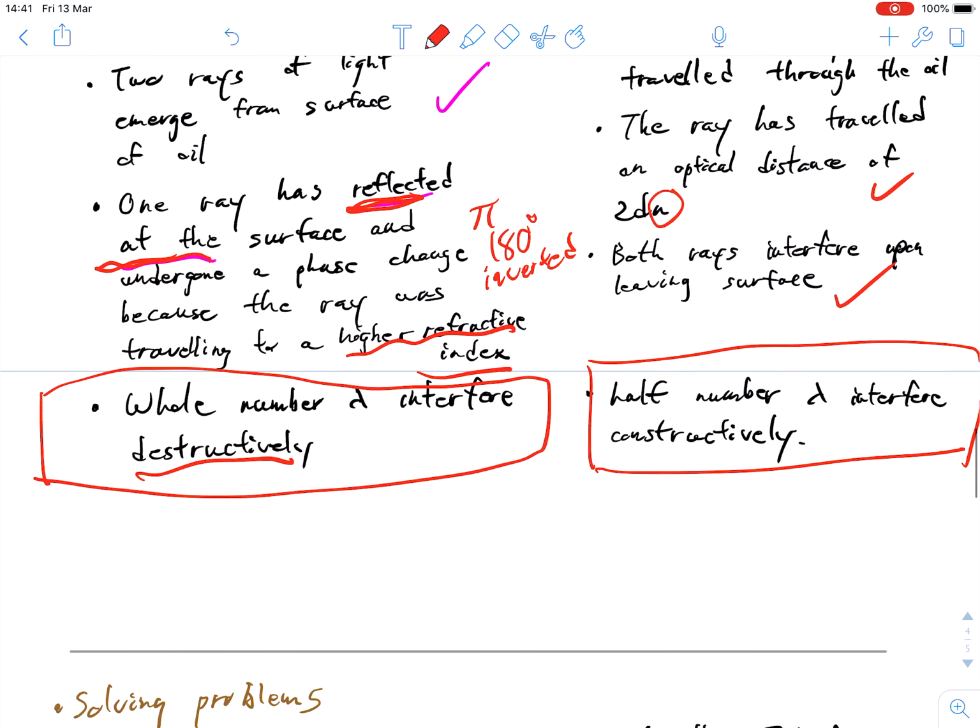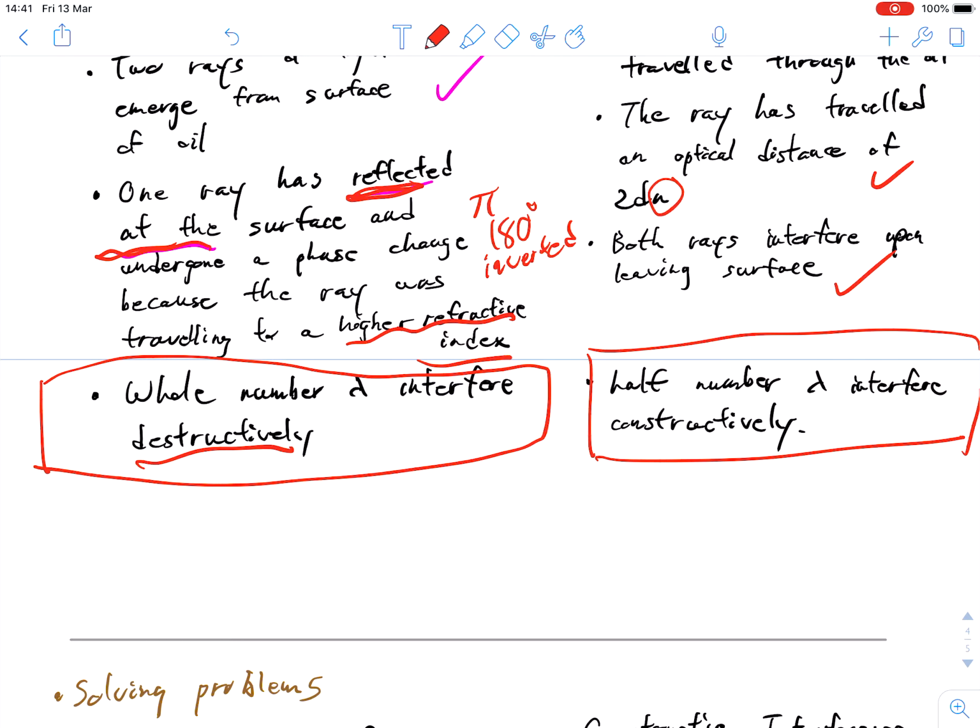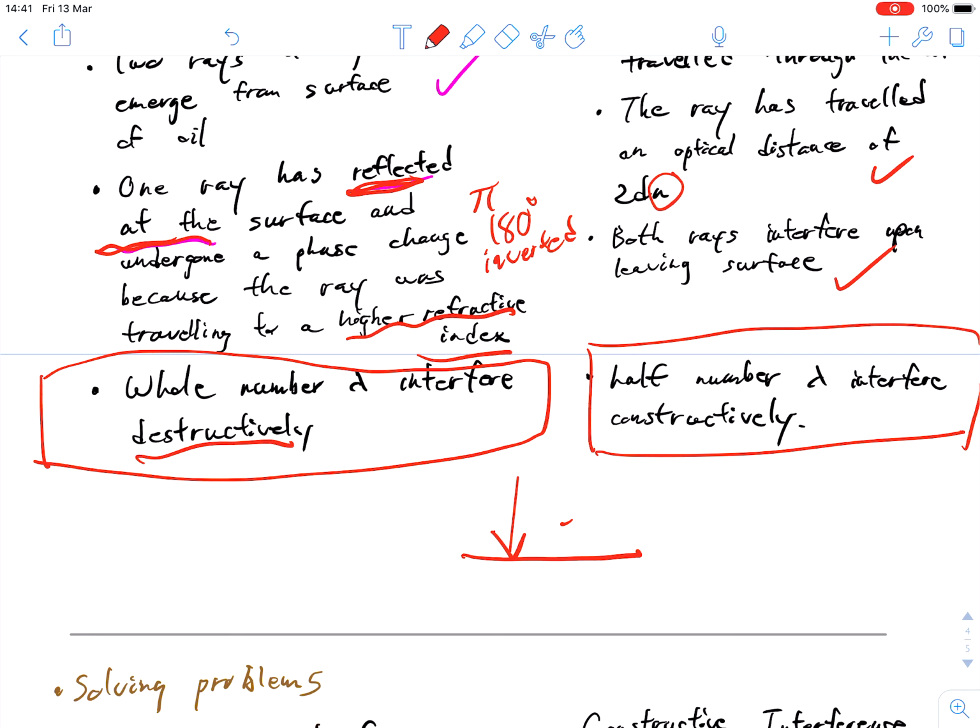Now, this seems a little counterintuitive because it's always been that when they're half a wavelength apart, it's destructive. This is a little bit different because if you recall, when the ray touched the surface, it undergoes a half phase change. So essentially, if this was the original wave and this is the other one, that's the inverted.